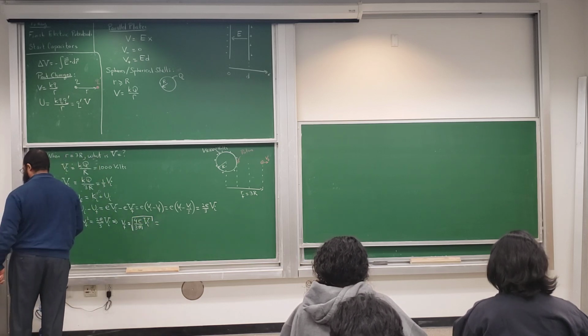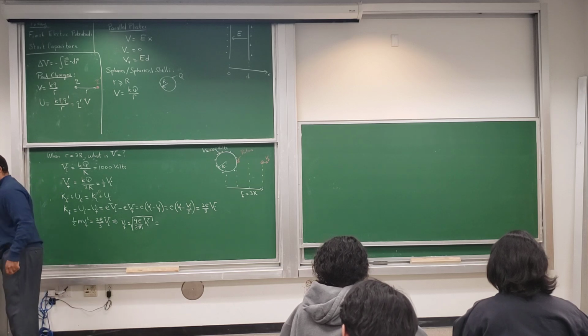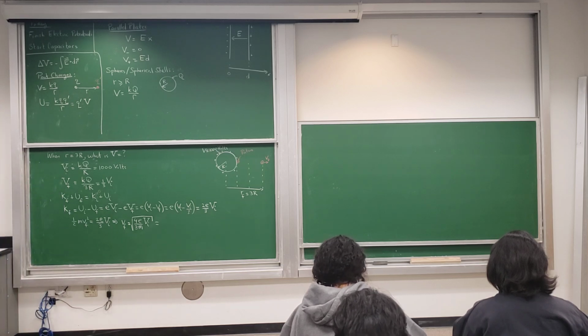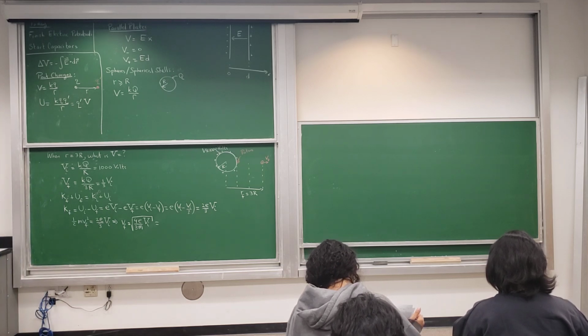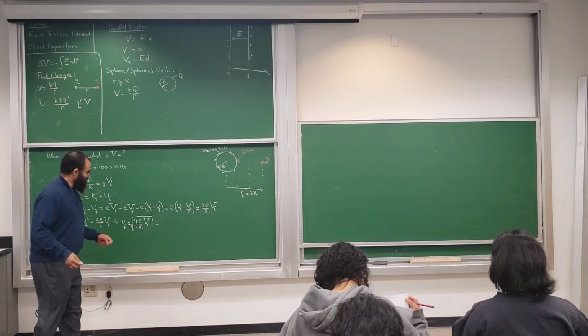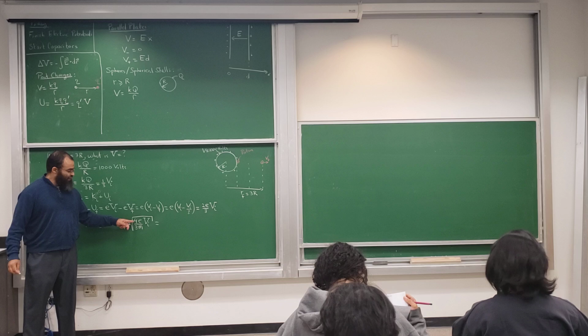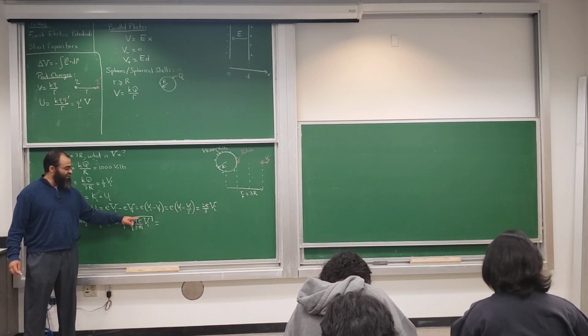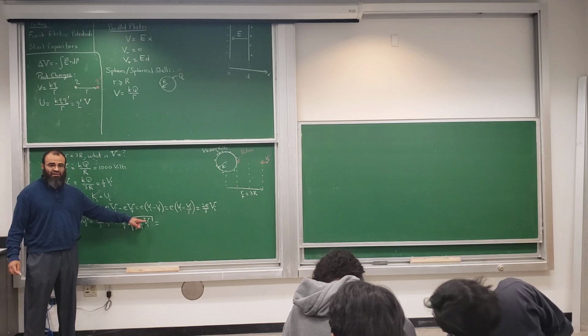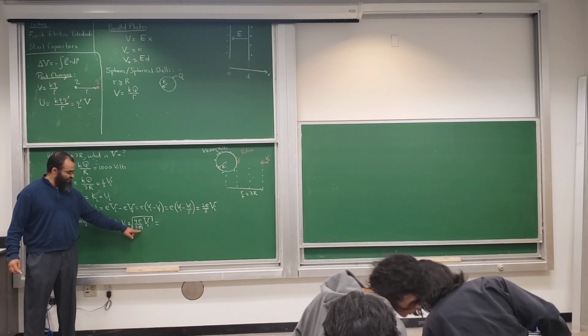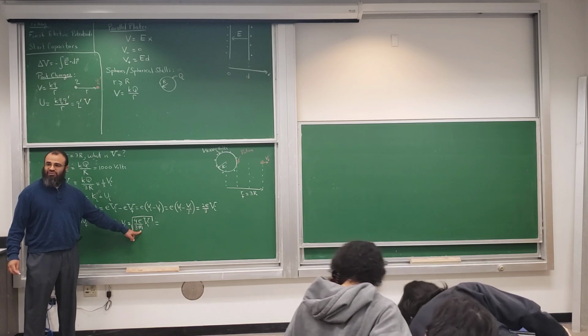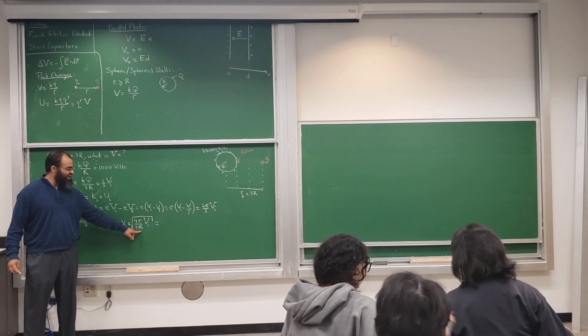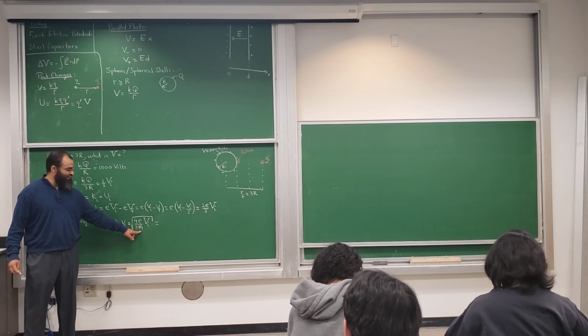So we need to plug in the numbers. You can plug them in. So 4 little e is 4 times 1.6 times 10 to the minus 19. V initial is 1,000, right? And then I have 3 times the mass of a proton, 1.67 times 10 to the minus 27.